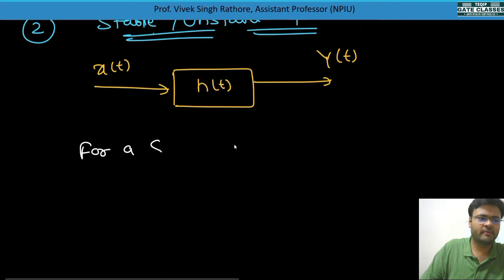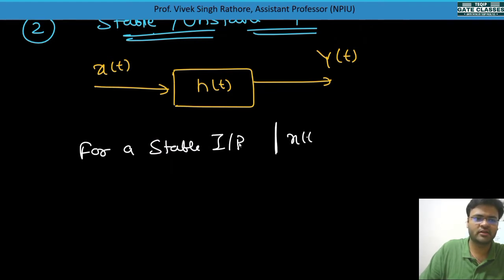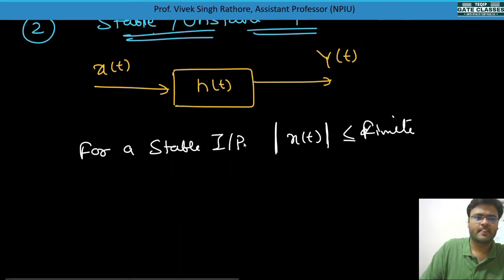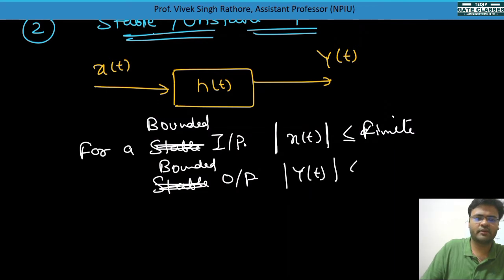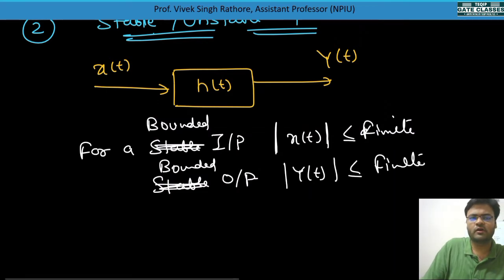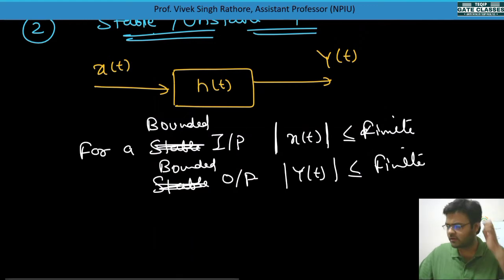For a stable input, meaning the magnitude of x of t is finite, if you are getting a bounded output, meaning y of t is finite, then you can say that your system is stable. This you know.